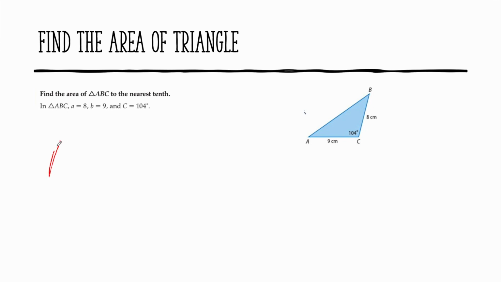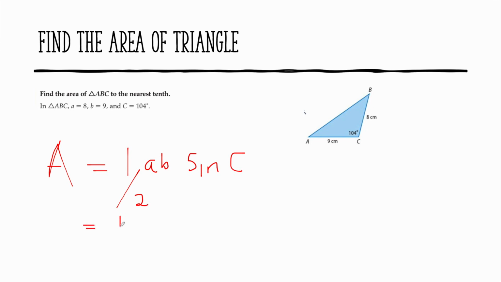So the area will be given by 1 over 2, A and B sine C, which is our angle.